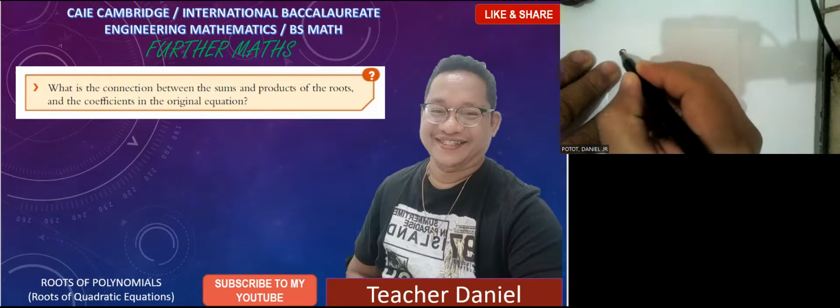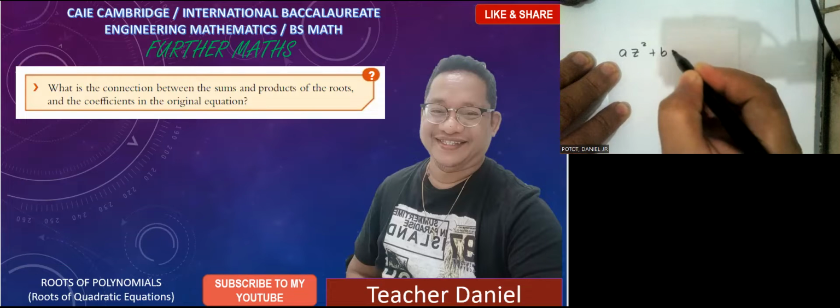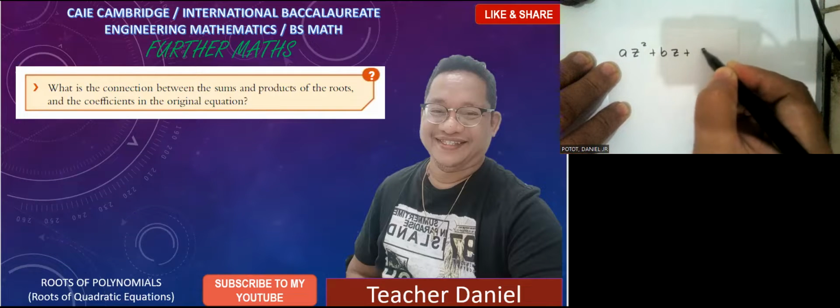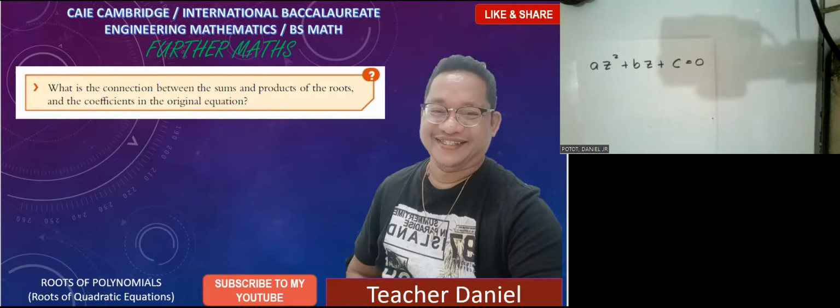Let's say a z squared plus b z plus c is equal to 0. Please take note that it's not the typical quadratic equation that you learn in high school, because in high school that's actually x. In this one, I just use z because I want to show that this could be another variable as well.